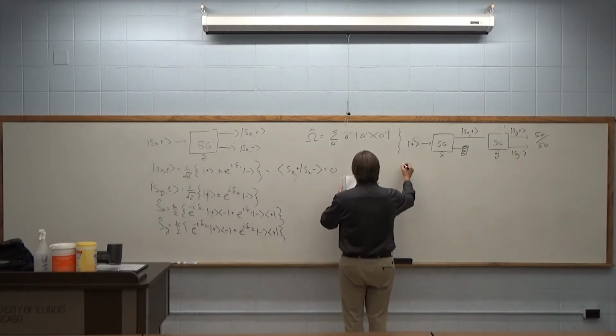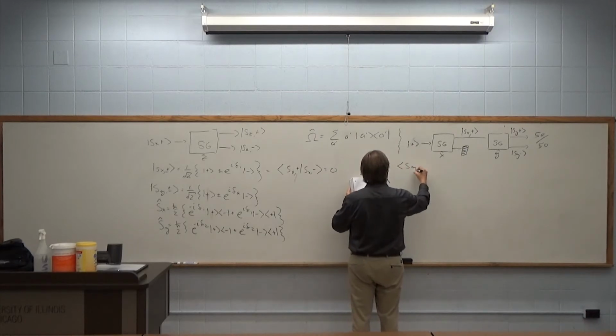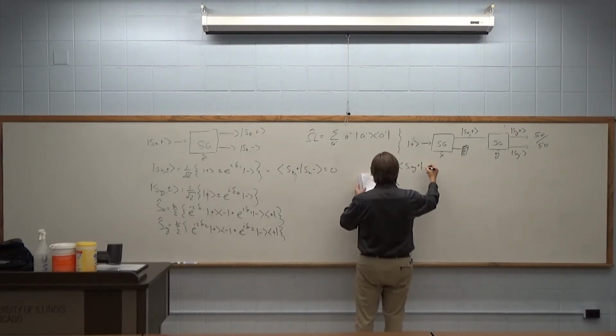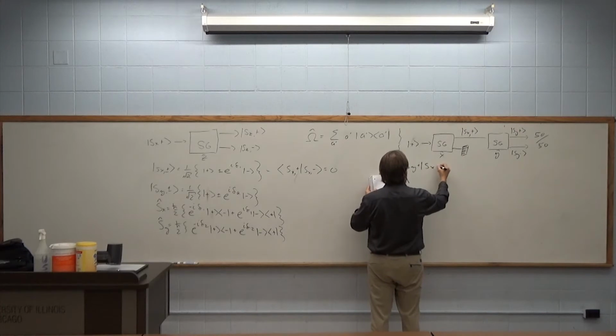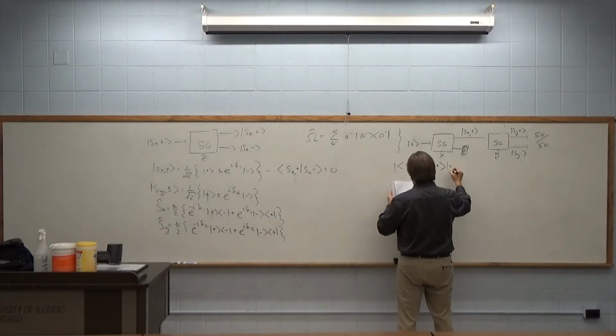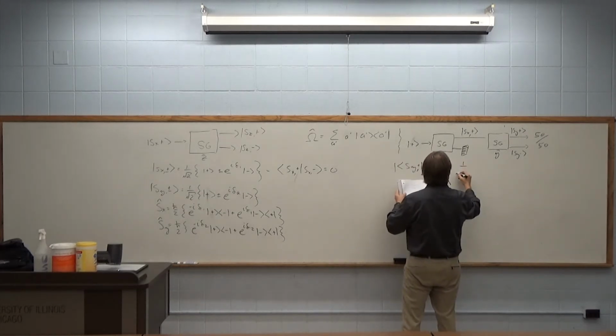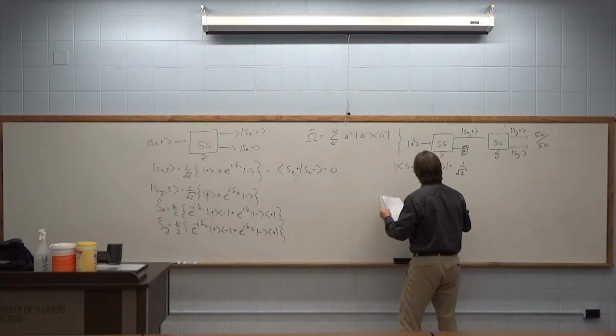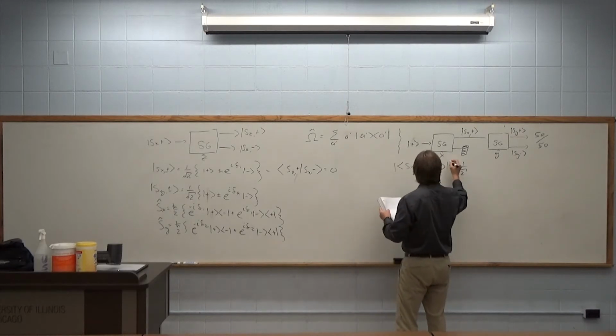Okay, from this, what you see is that the projection of Sy plus onto Sx plus has got to have absolute value 1 over the square root of 2. Well, here, let's just do that.